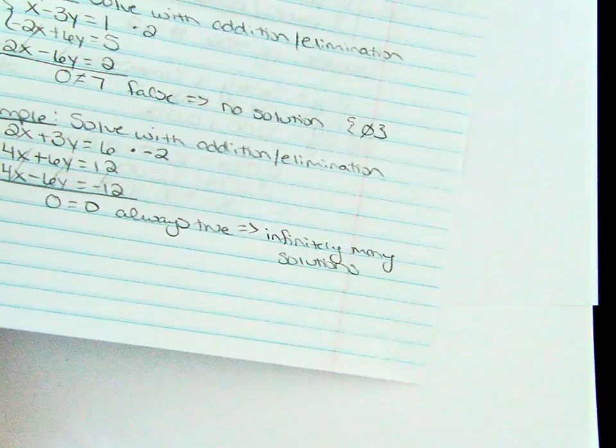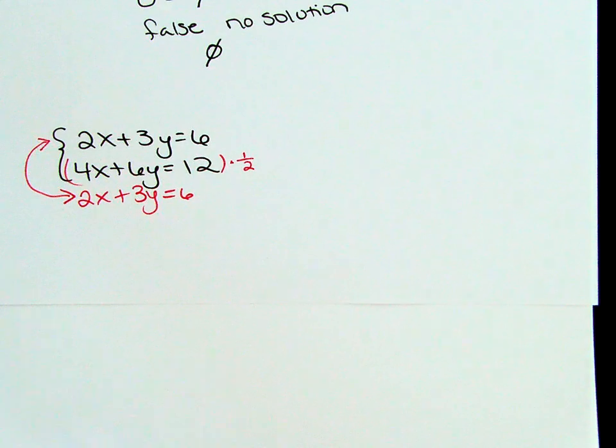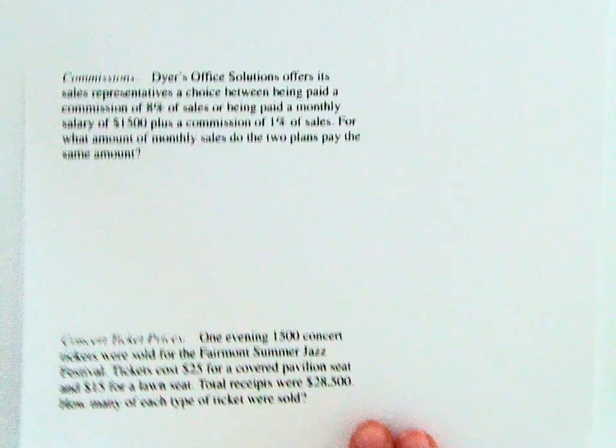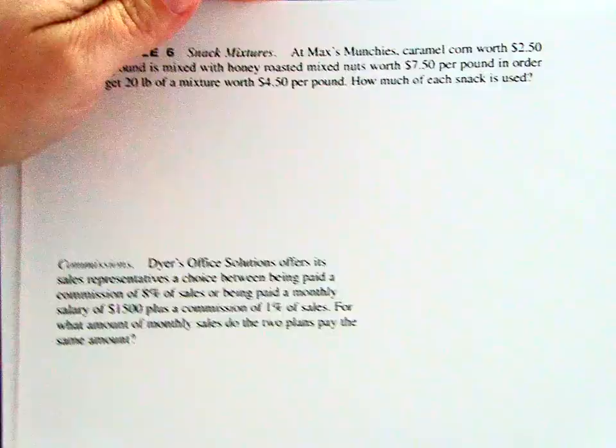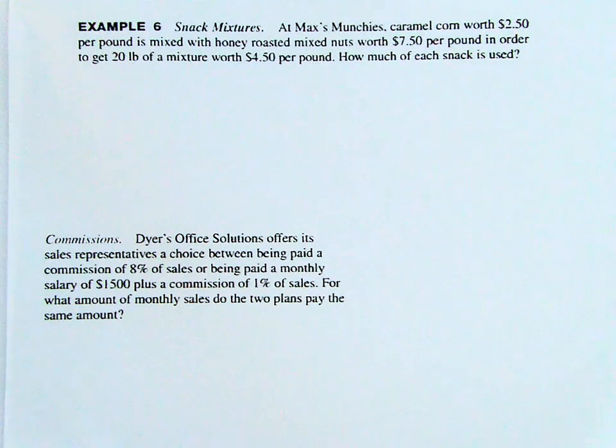So let's go to the handout. If you didn't pick up a handout when you came in, you probably want one now, because these are the word problems. I made the handout so you don't have to write down all the words, because I am nice. These are word problems that are much easier to solve using systems of equations.